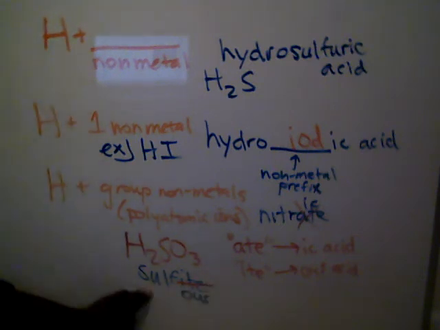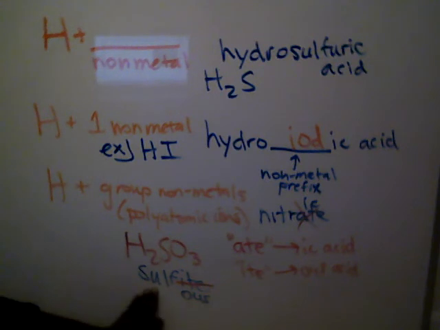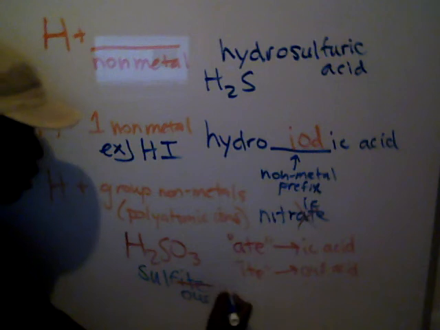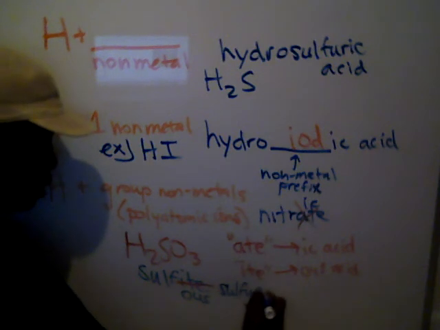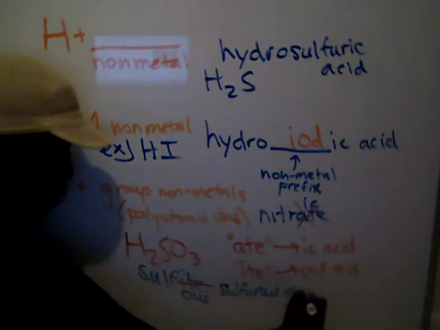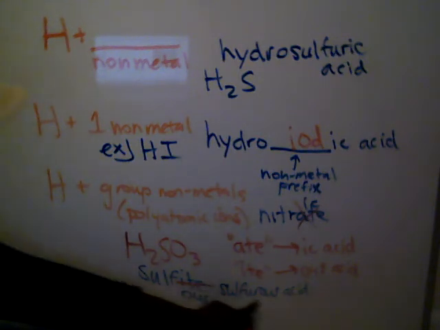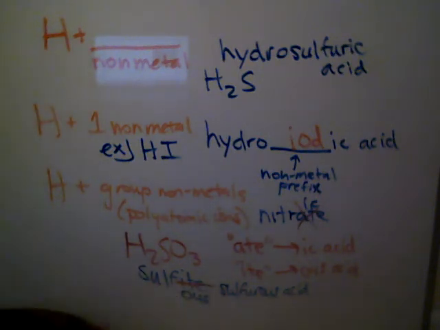Now remember, sulfur is one of those weird ones. We actually wouldn't call this sulfus acid. Sulfur has to take the whole name. So we would actually call this sulfurous acid. Just because the F and the O have that weird sound, we just use sulfurous acid. But the idea is this was ite, so this goes to OUS and then acid.